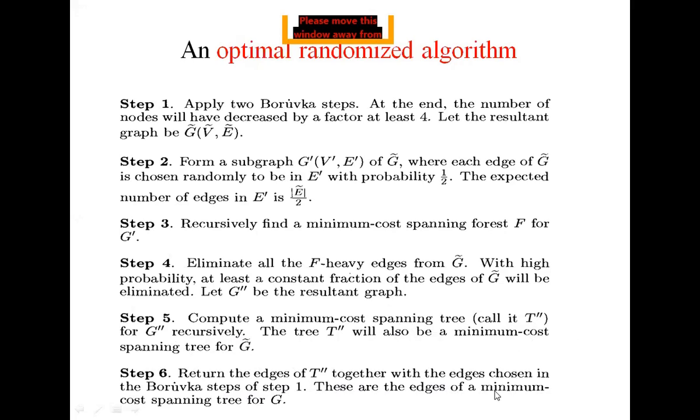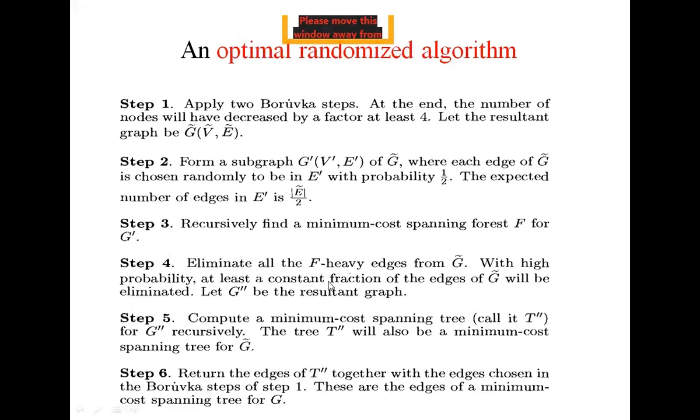These are the edges of a minimum cost spanning tree for G. So return the edges of T'', that means the resulting spanning tree edges, together with the edges chosen in the Borůvka steps of step 1. That means we have applied the Borůvka step, on that we have selected some edges, and the number of nodes is decreasing. So these are the edges of a minimum cost spanning tree for graph G.